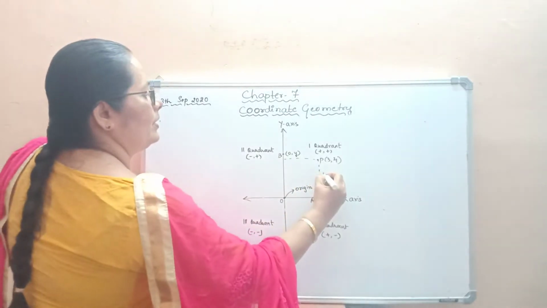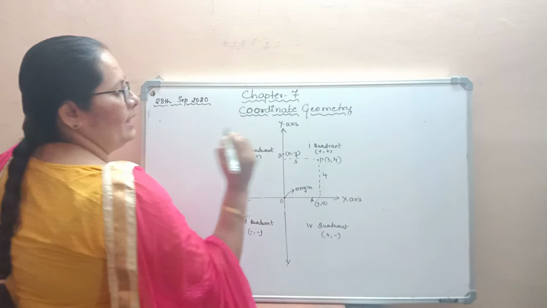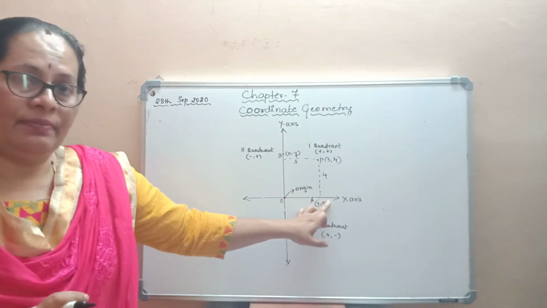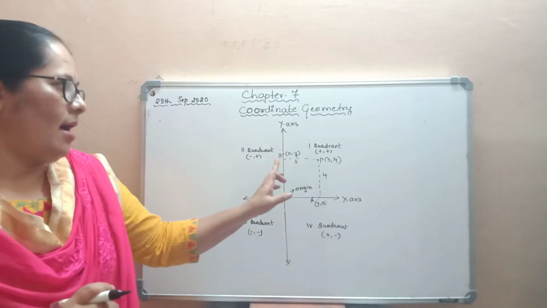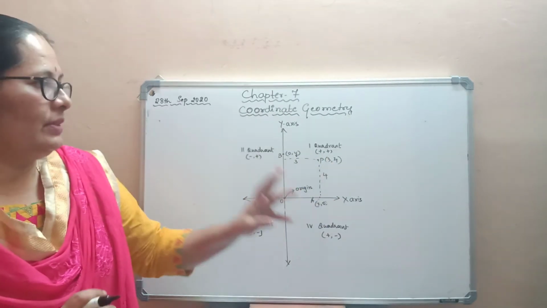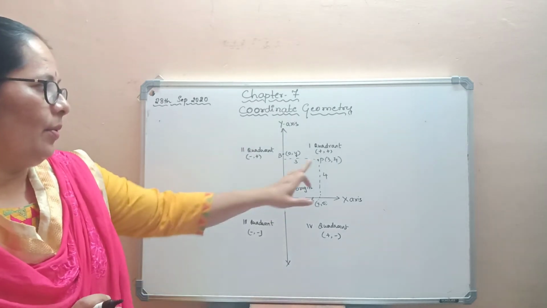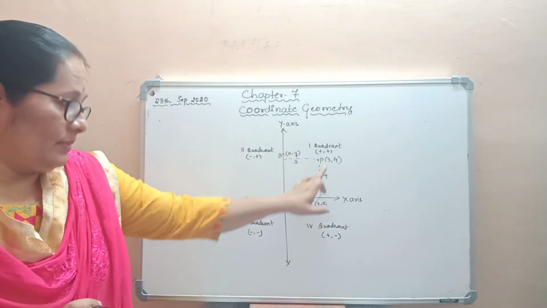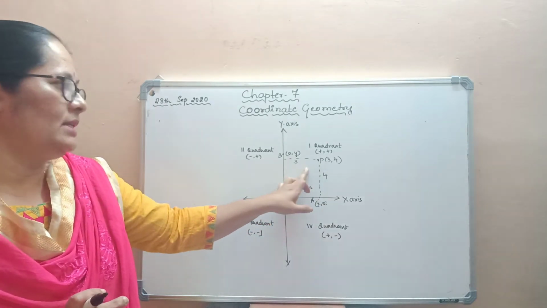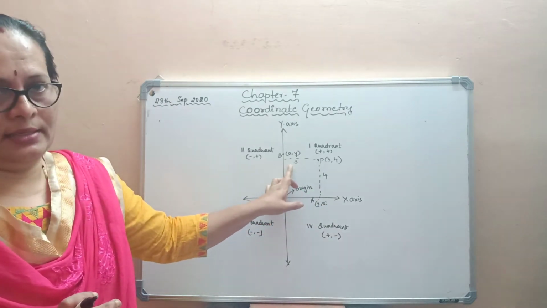So this is 4 units and this is 3 units. So point P is 4 units from the x-axis and 3 units from the y-axis.